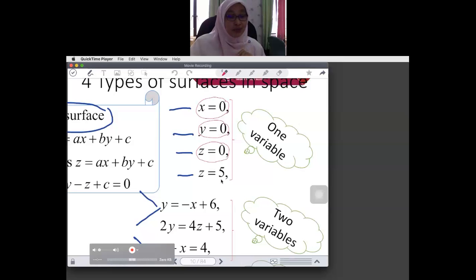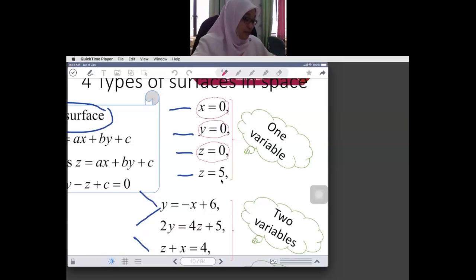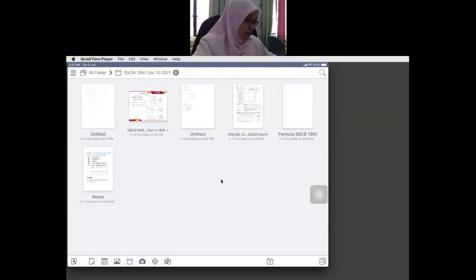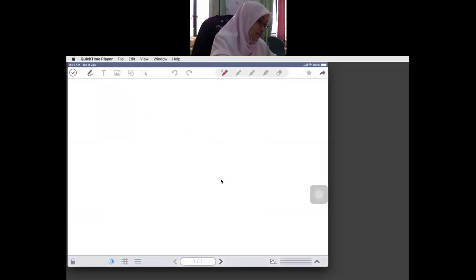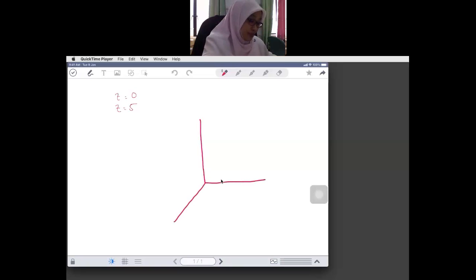But how about z equal to 5? Do you have any idea? Just now we had z equal to 0. Now in 3D, where is z equal to 0? The base, right? Z equal to 0 is the base, which is down here.